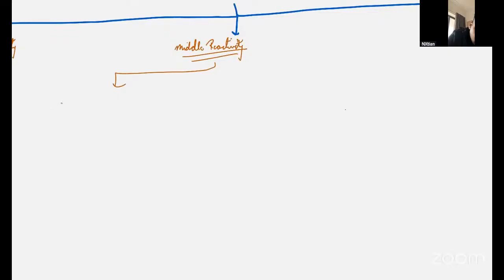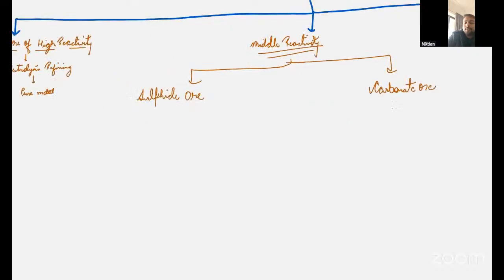First is sulfide ore, and the second one is carbonate ore. First is sulfide ore, the second is carbonate ore.